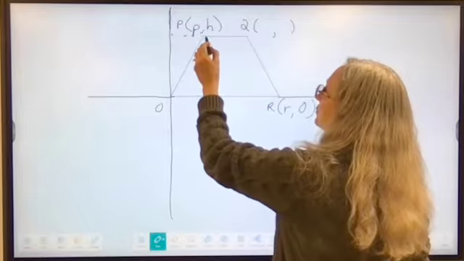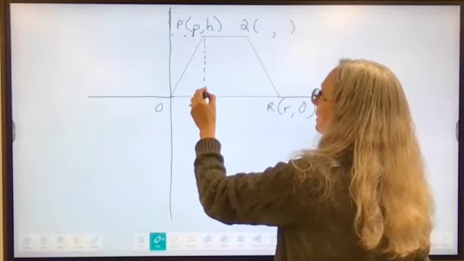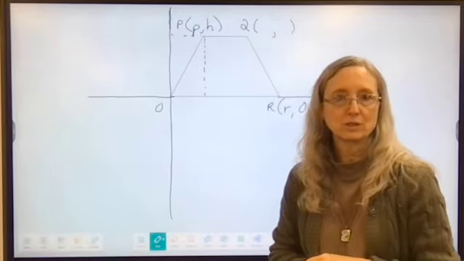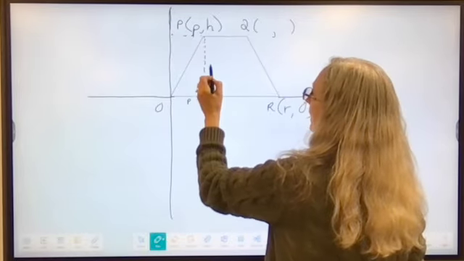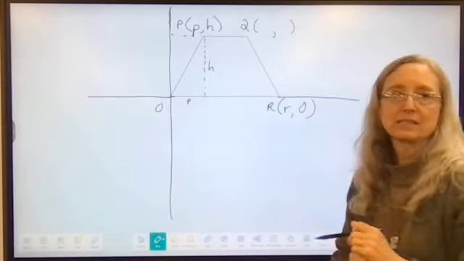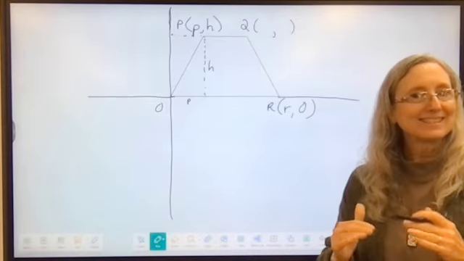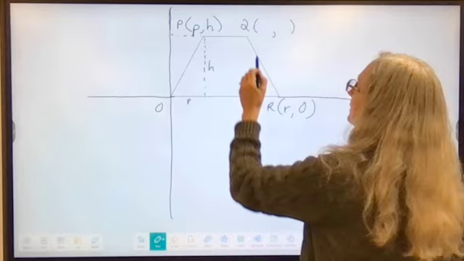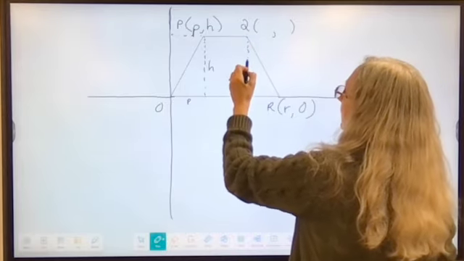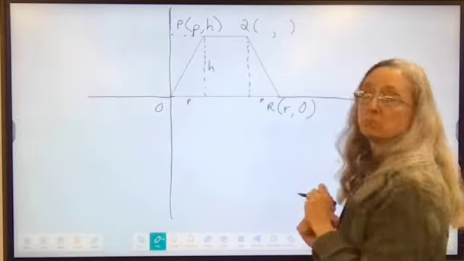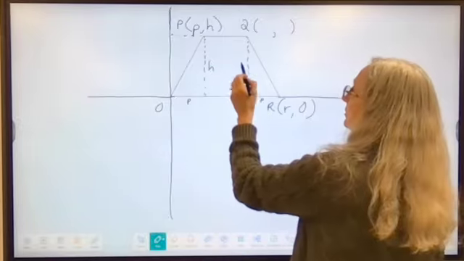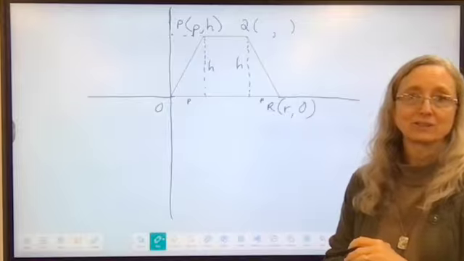And this H corresponds to the height of my trapezoid, doesn't it? So this P is this distance, and H is that distance right there. Since it's an isosceles trapezoid, I can draw another one on this side. That means this distance here would also have to be P, wouldn't it? And this would also still have to be H.